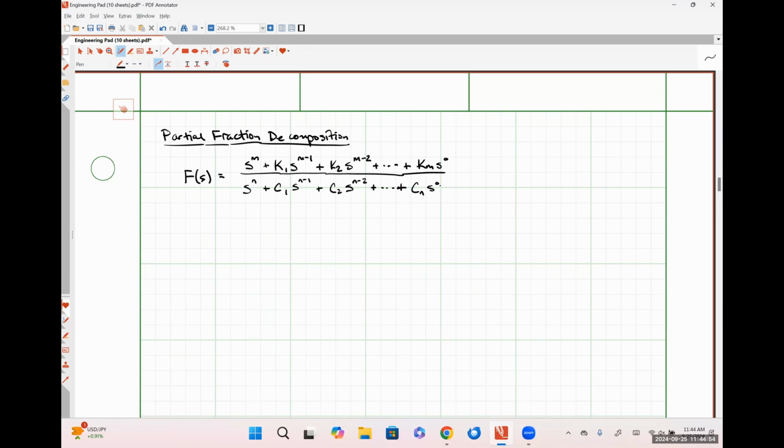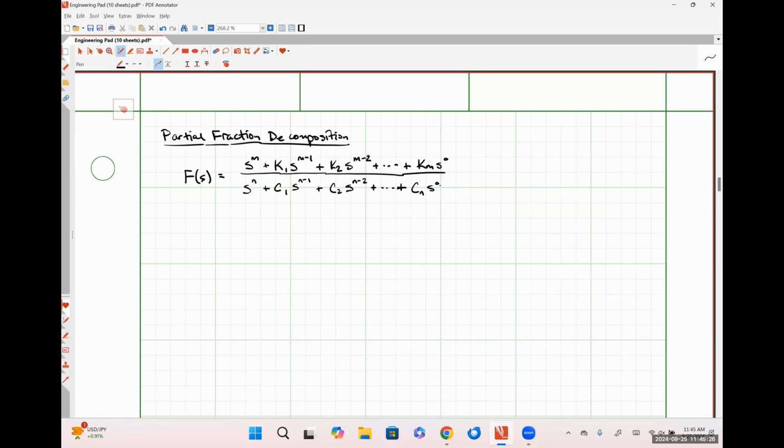So these k sub something are all just constants, right? So we have no coefficient for our highest order term in the numerator, and then there's a coefficient for the next lowest term, and so on and so forth. And any of these k's can be zeros if we just don't have that term. Same thing here. This capital C1, capital C2, and so on and so forth are just the coefficients of this nth order polynomial in my denominator.